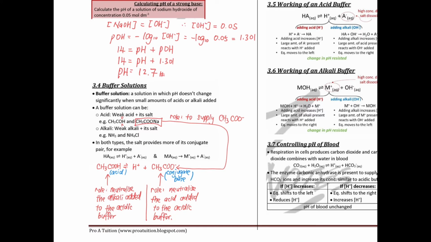That's why we need two of these to work together as an acidic buffer. This one will go and neutralize the alkaline added, and this one will go and neutralize the acid added.